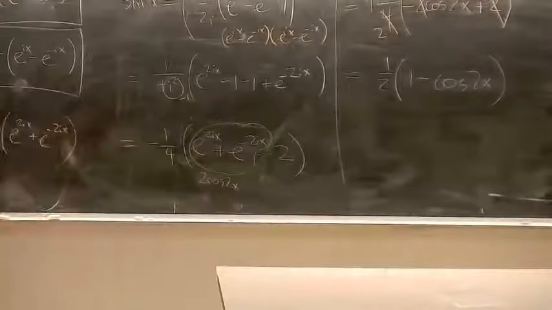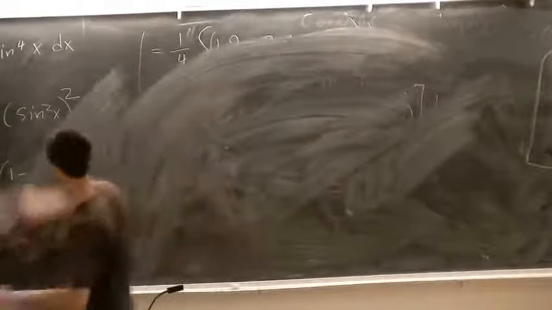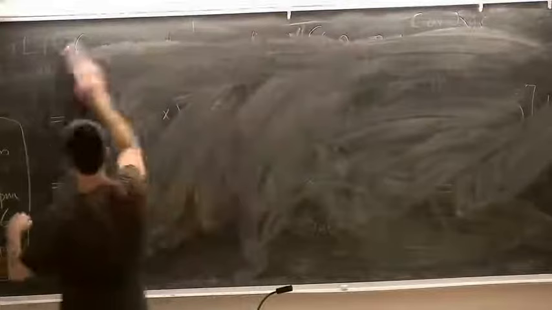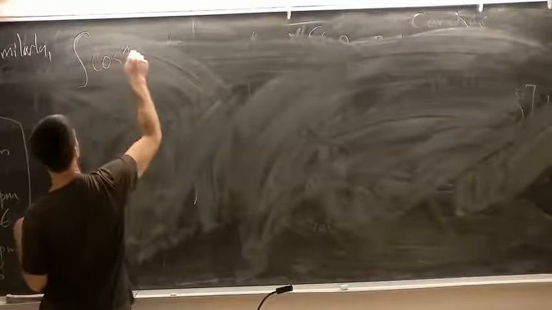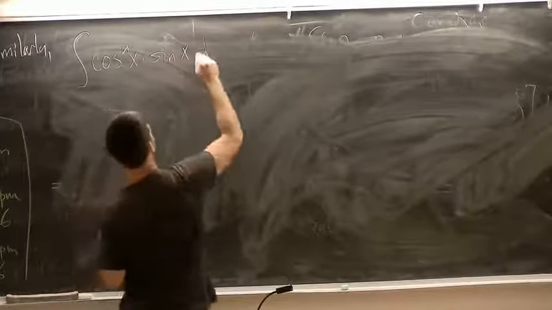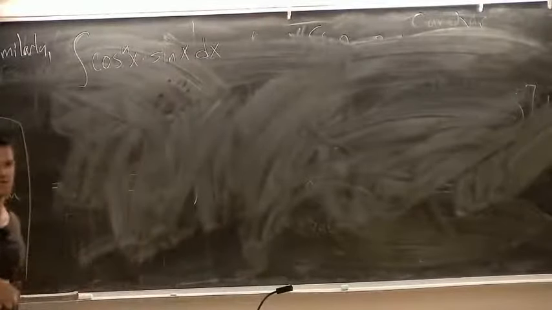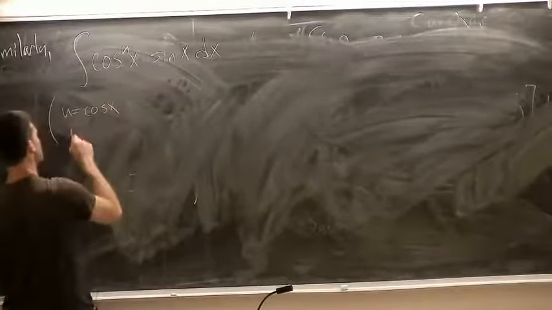And you might notice the sort of duality between sine and cosine. So similarly, the integral of cos to the n, as long as we have a sine at the end, we can do this one the same way, right? Except, well, almost the same way. Now let u equal cosine of x.